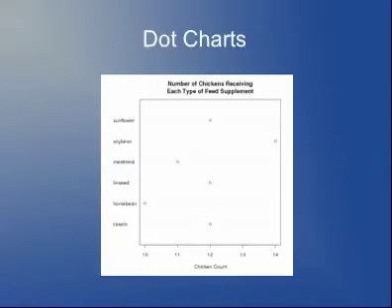The idea behind a dot chart is pretty similar to a bar chart in that the distance on the x-axis tells you the count of the number of things in that category. Horse bean has a smaller count. Soybean has a larger count. You can see the x-axis gives you the count. Just another way that you can graph your categorical data in a way that people can see how many are in each group.